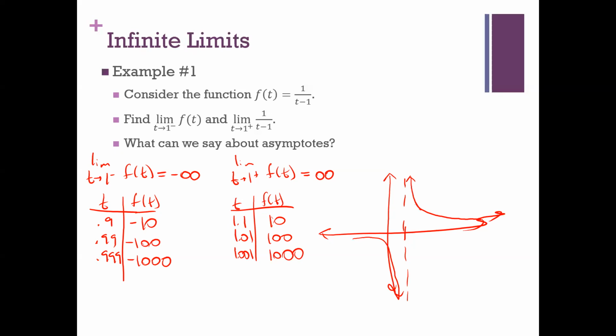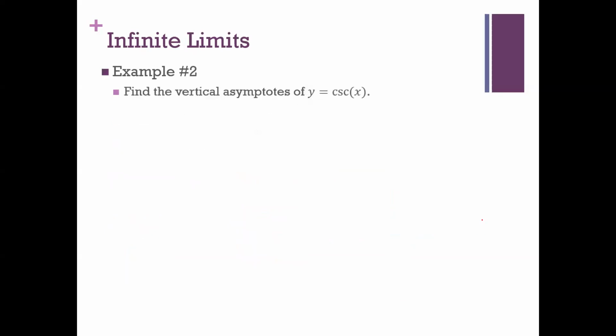All right. Find the vertical asymptotes of this thing. Y equals cosecant of x. Do you remember what cosecant means?